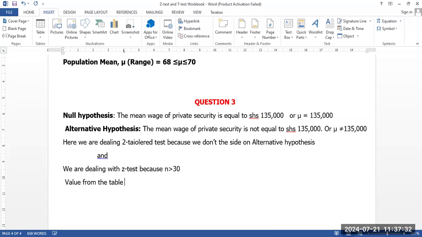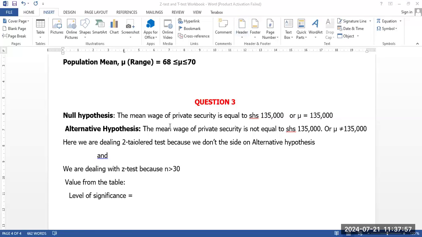And for the value from the table, we are dealing with the Z distribution table. So what is the level of significance? This is the first marker you should score. It is the lower percentage.